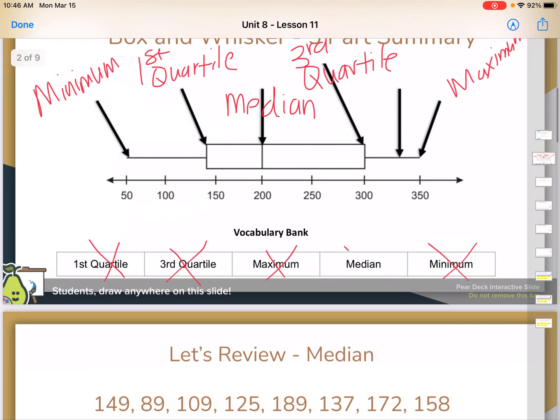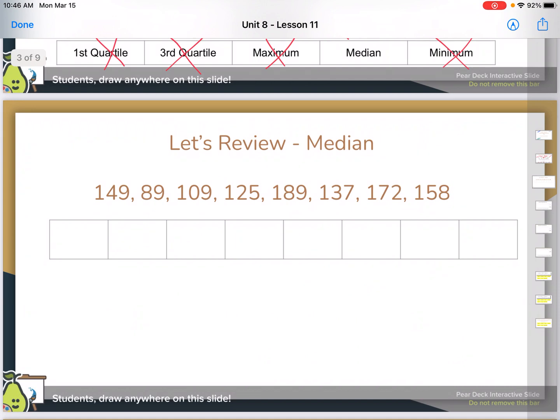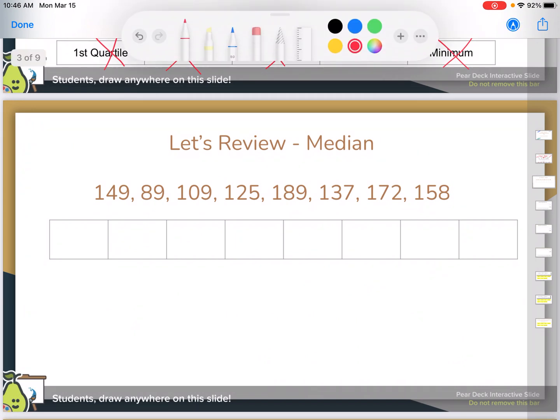All right. So let's review median. So median, the first thing you have to do is put those numbers in order from least to greatest. So if I'm looking at my data, I see 89, then I see 109. Then I see 125.